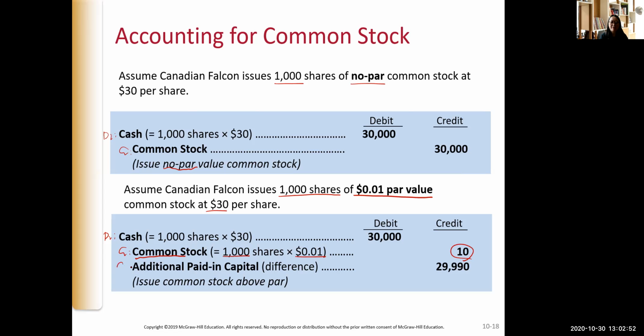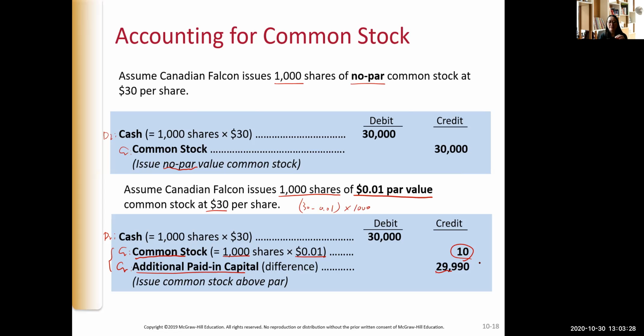And we have another account called additional paid-in capital. These two accounts together compose common stockholders' equity. In other words, if you issue stock with a par value, a legal capital value, then you record your common stock using the par value, and the additional paid-in capital is $30 minus 0.01 per share, multiplied by 1,000 shares.